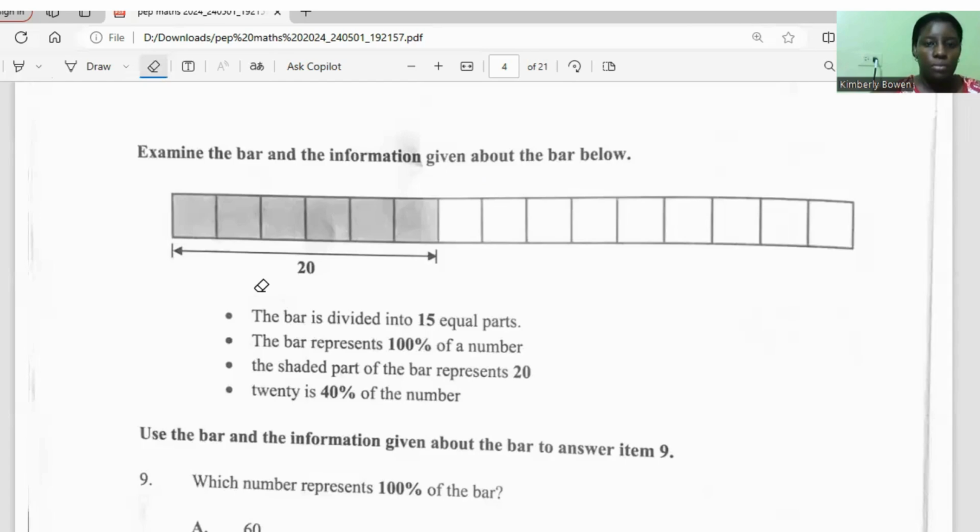There are 15 parts, let's count how many parts are shaded. One, two, three, four, five, 6 parts are shaded, right? So 6 out of the 15 is 40%.